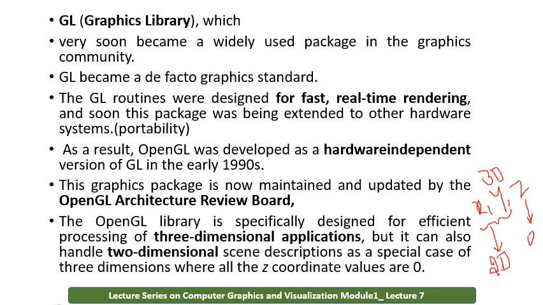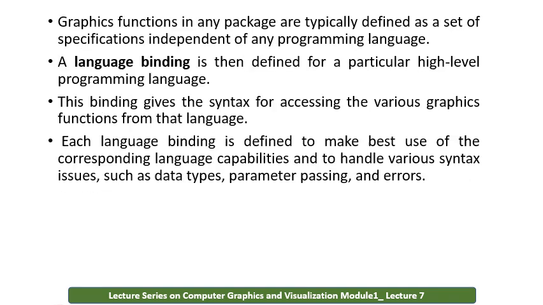You are going to see all these examples and how to specify the coordinates in your further classes. So remember that the OpenGL library is designed for efficient processing of graphics applications in 2D and 3D, and the scene descriptions can be designed with X, Y and Z coordinates.